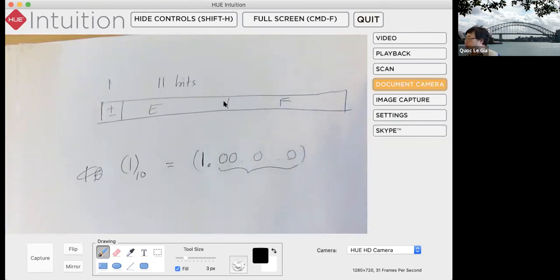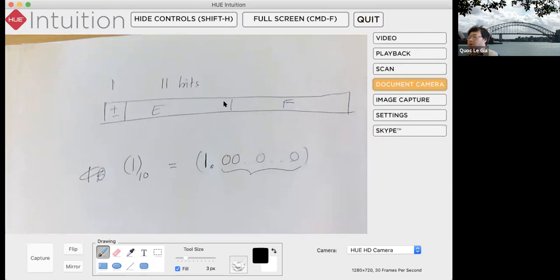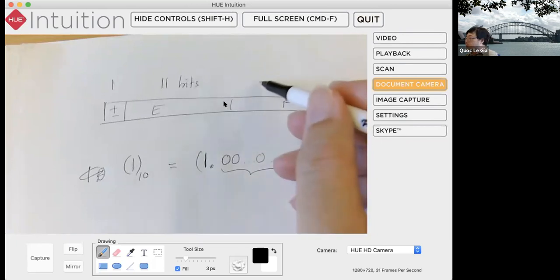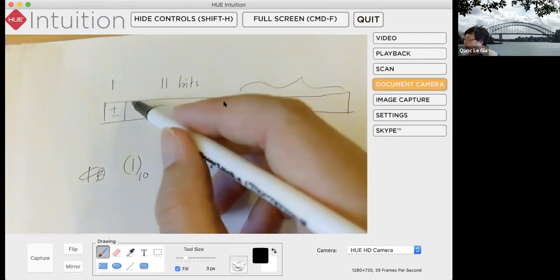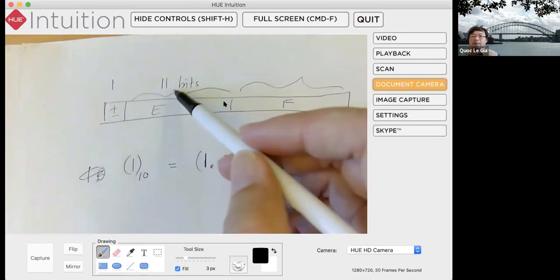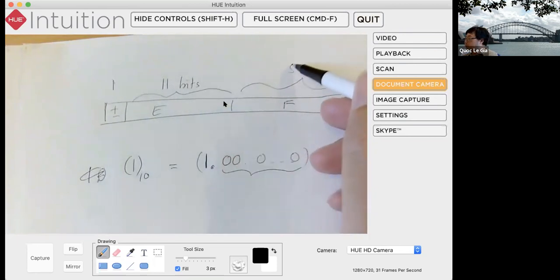Remember, in double precision we have 64 bits in total. So this is 12, and this one should be 52, right?